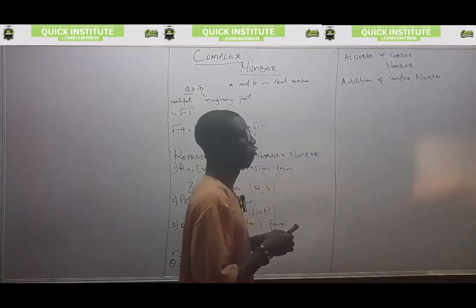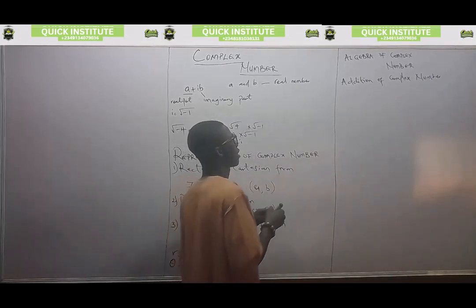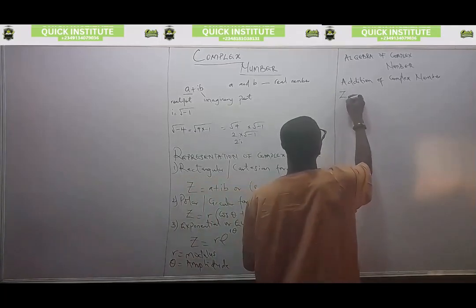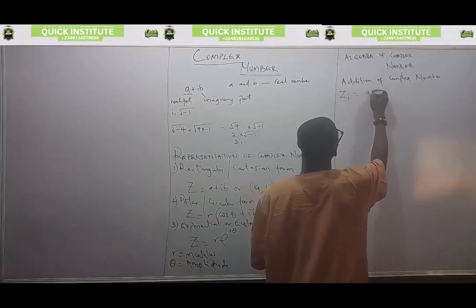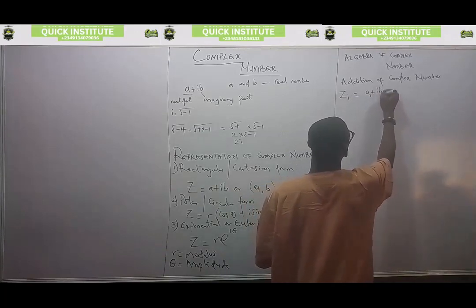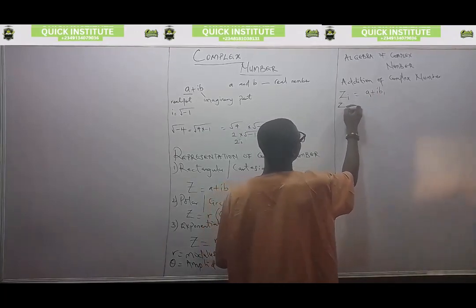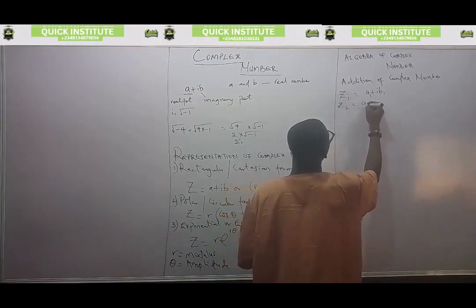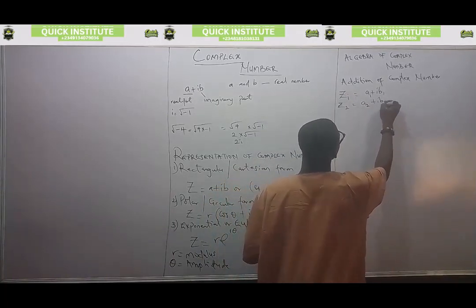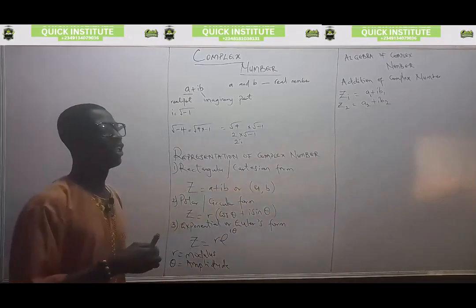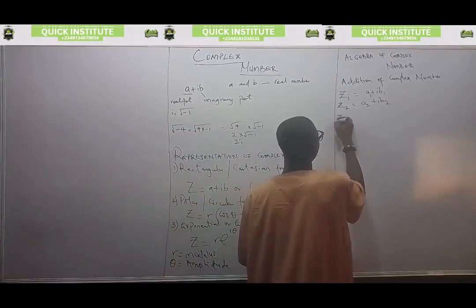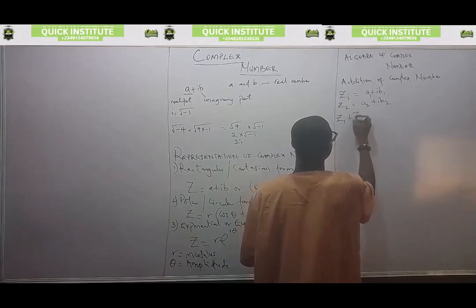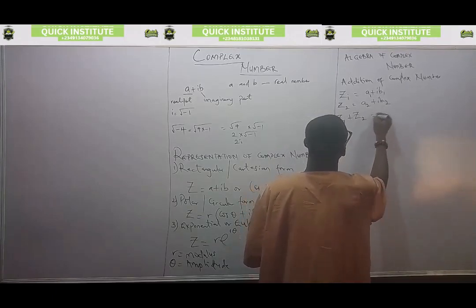Let's say we have two complex numbers, z1 to be a1 plus ib1, and z2 to be a2 plus ib2. And they said we should find the addition. Then it will be z1 plus z2.